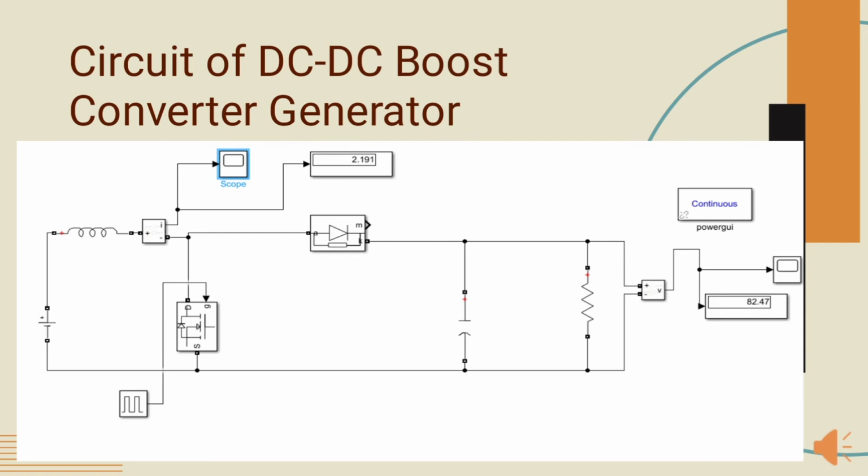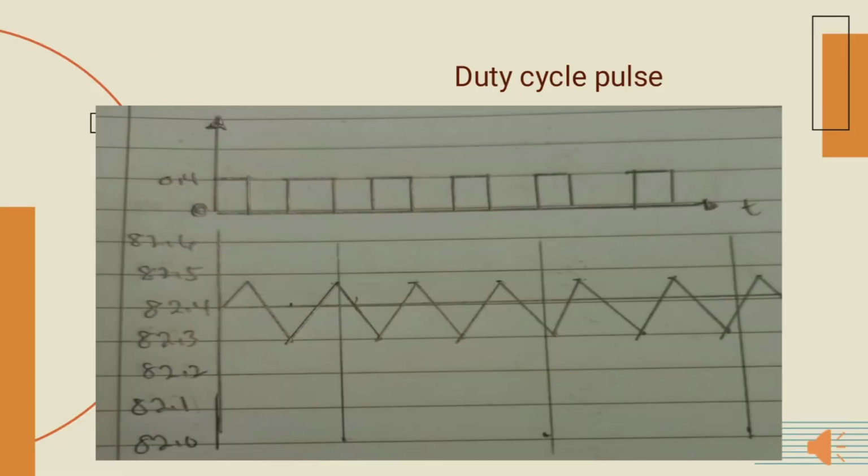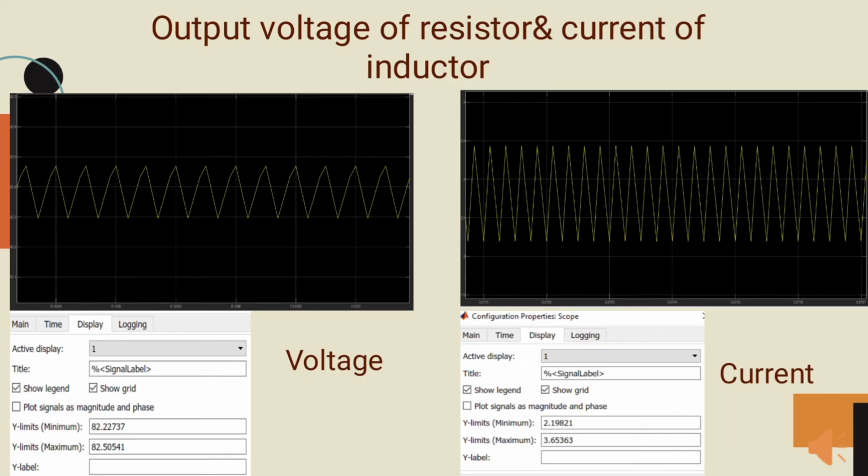This slide shows the result for inductor current and voltage across the resistor. This is the duty cycle pulse from the output voltage graph. This slide shows the output voltage of the resistor and current of the inductor.